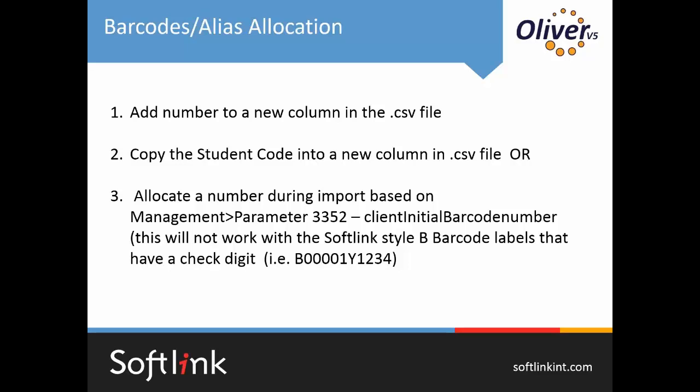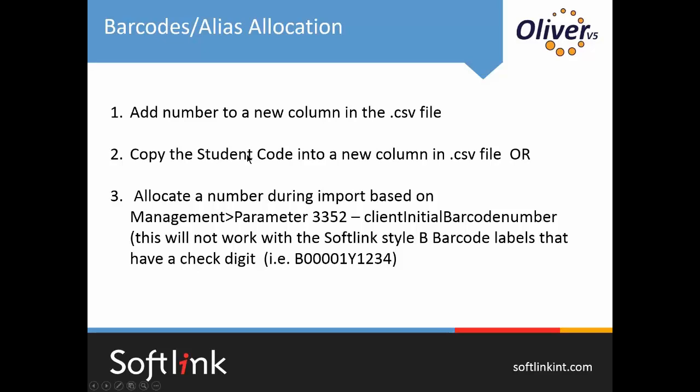And how you can do that is by adding a new column and copying the admissions number into that new column and using that as your alias or your barcode. So I've referred to it as the student code, but I suppose I really mean the admission number if we're using SIMS as our example here.